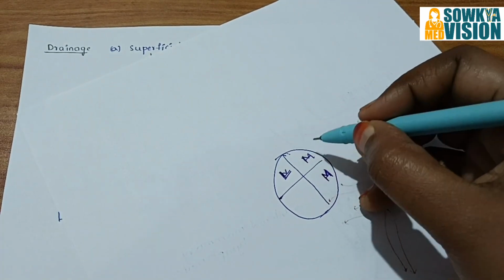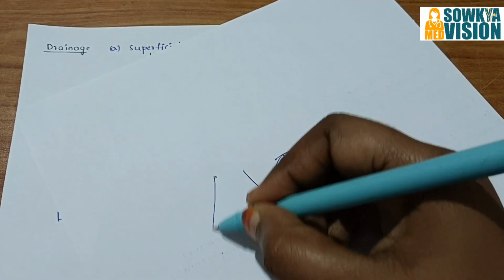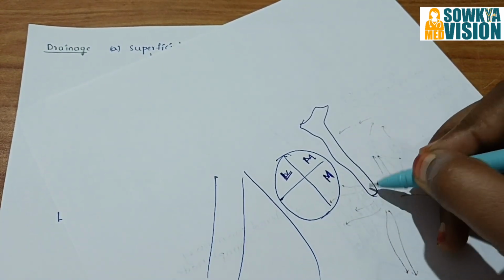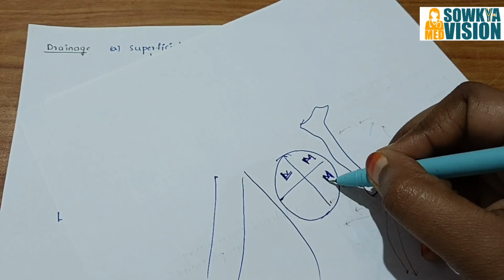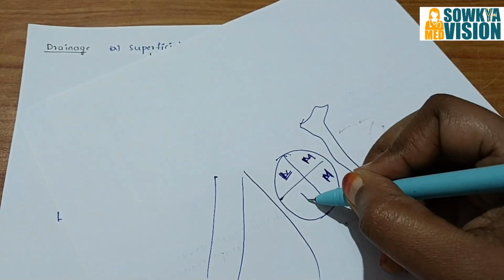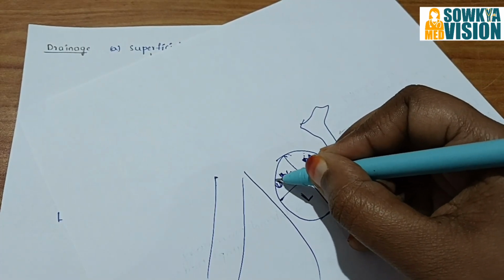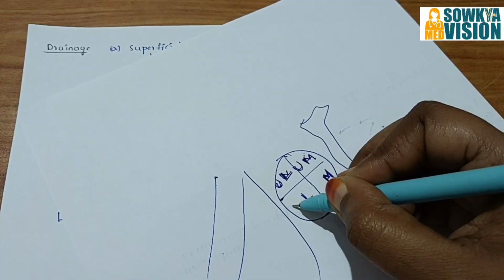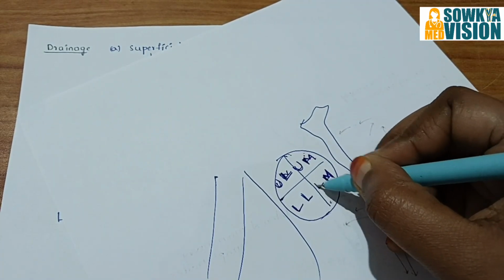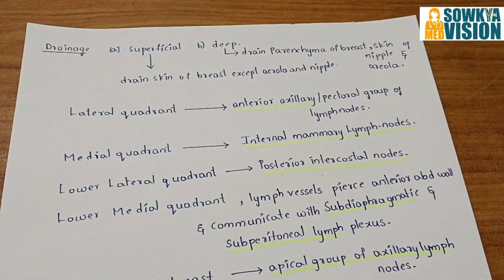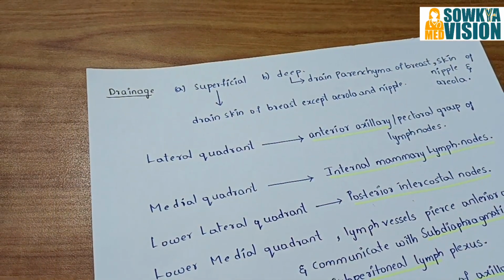This is the right breast, so here will be the arm and here will be the sternum. This is the medial part, the medial quadrants; these are the lateral quadrants; these are the upper quadrants. So upper lateral quadrant, upper medial quadrant, lower lateral quadrant, lower medial quadrant. Divide the breast into 4 parts and then drainage will be easy.